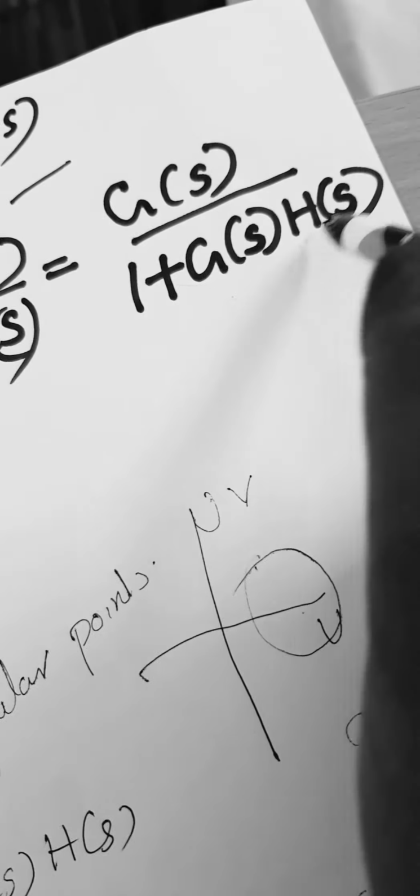Now this you are considering as Q(s), and its roots, or the zeros of this expression, are equal to the poles of the closed loop system.